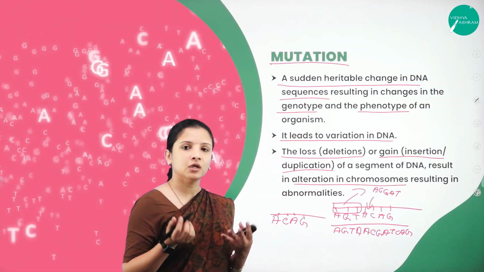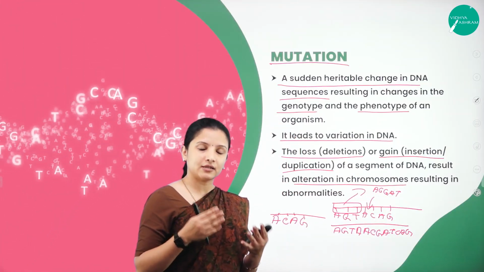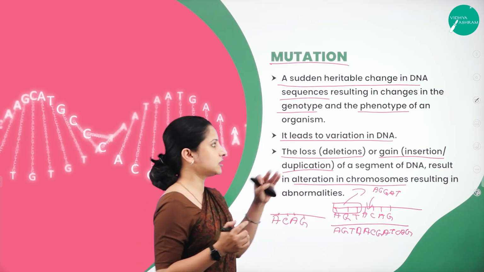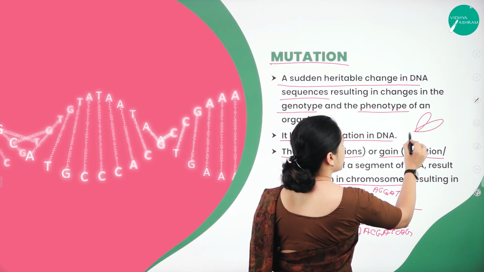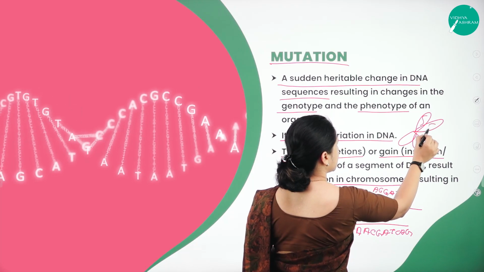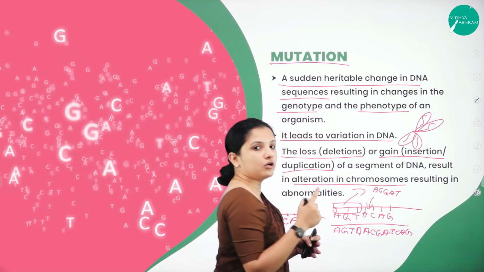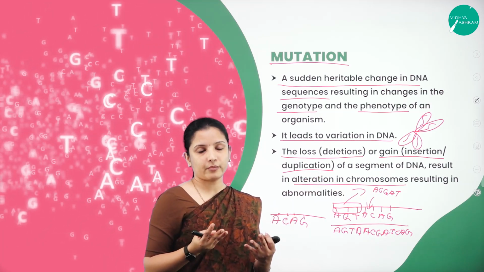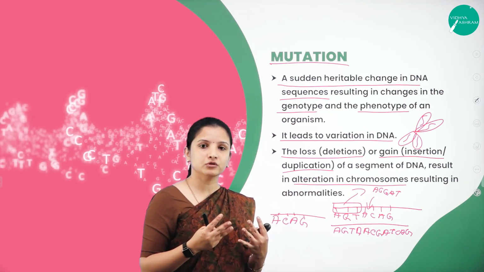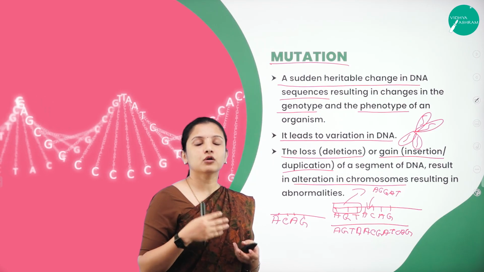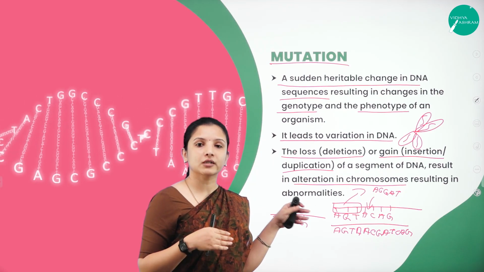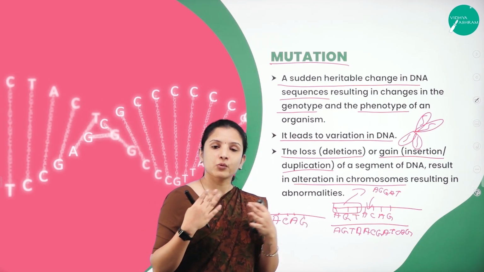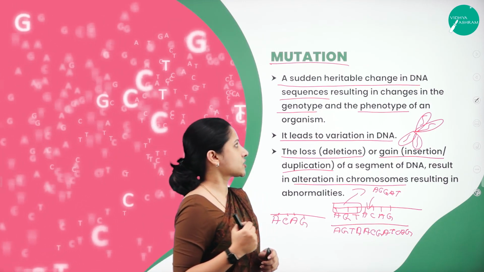Because the chromosome has the genetic material, which is the DNA. So where is DNA present? It is present in the chromosome itself. So alteration in the chromosome will result in a lot of chromosomal disorders. What are the different chromosomal disorders? We shall see in the coming session.